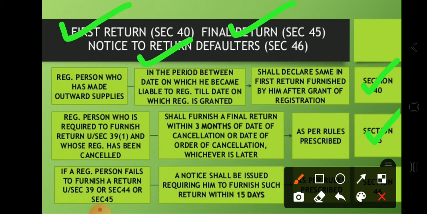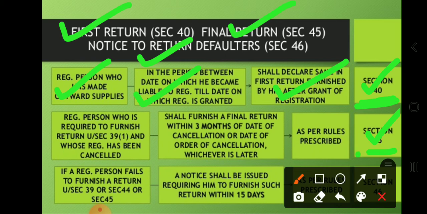This is filed by the registered person who has made outward supplies, and it is required for the period between the date on which he became liable to registration till the date on which registration is granted. He shall declare the same in the first return furnished by him after grant of registration, covered under section 40.